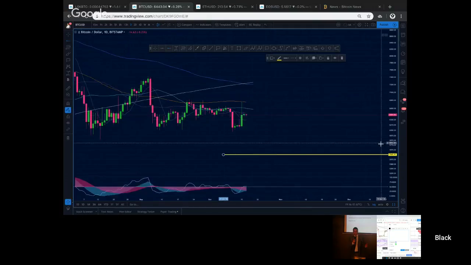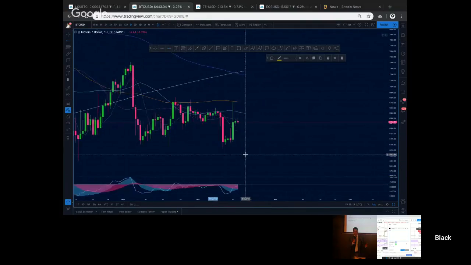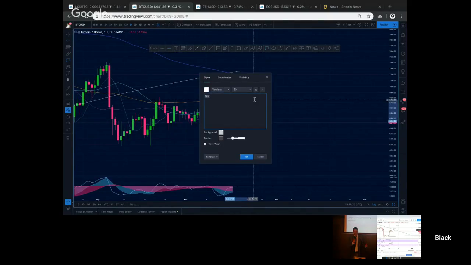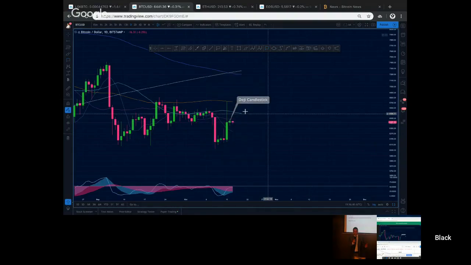What I see now on the Bitcoin chart: yesterday I was sharing my thoughts about Bitcoin on my VIP channel, and I said that we have this doji candle on this resistance level. This is a doji candlestick located in the resistance area.